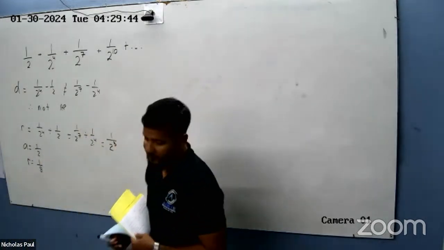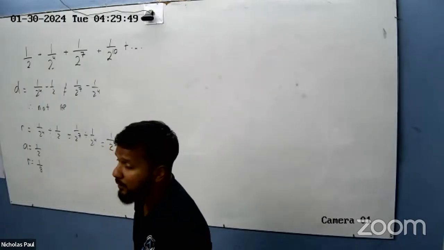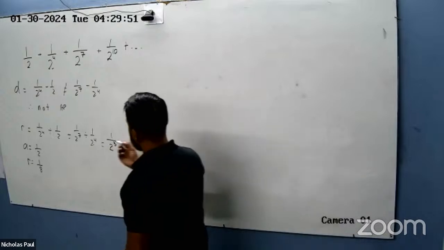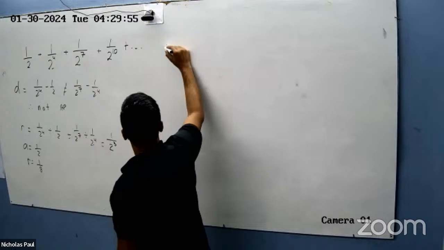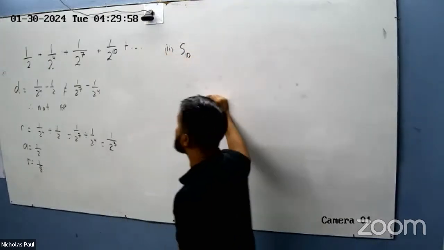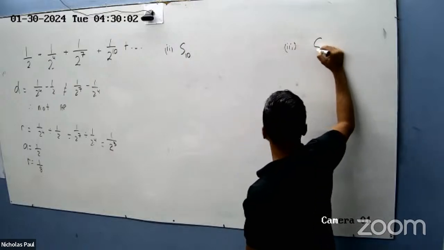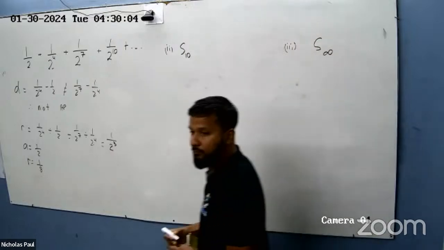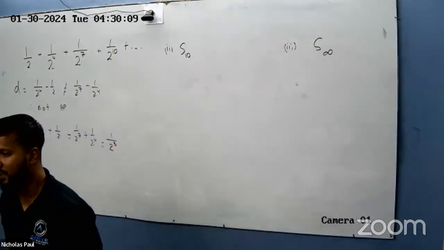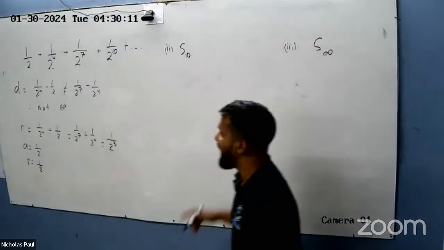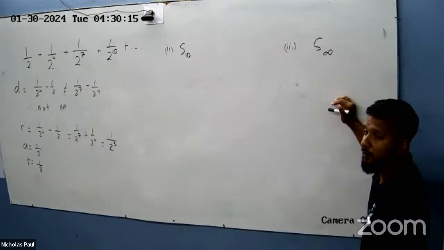Right? Next. That was part 1, right? Part 2 was to find the sum of the first 10 terms. And part 3, determine if the sum to infinity exists and then find it. Question: does the sum to infinity exist for this GP? Yes? Why?